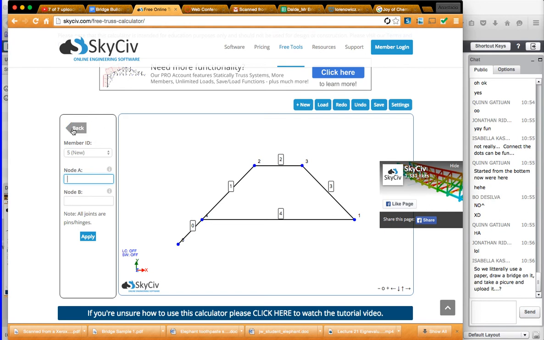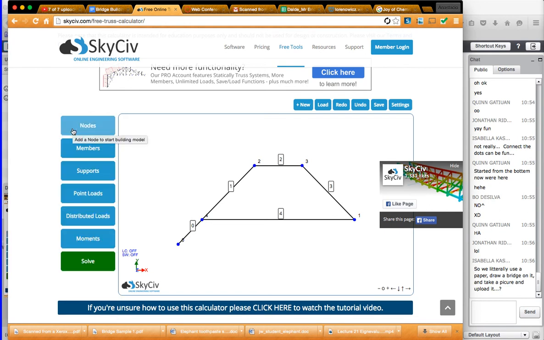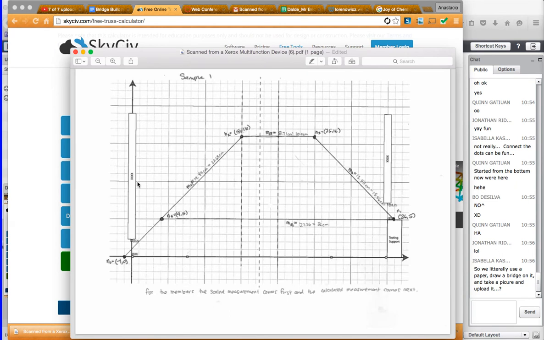Yes, Isabella, you are literally going to print up a piece of paper that has a blank version of this. You're going to draw a bridge on it, and you're going to go through it. I recorded a video to give you all the directions to do this lab 1. And that one's pretty simple. It's due today, I think.